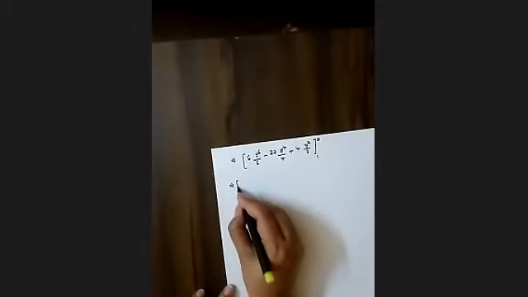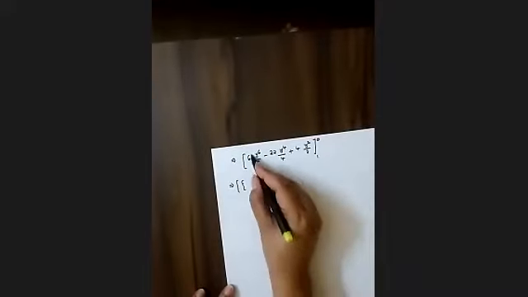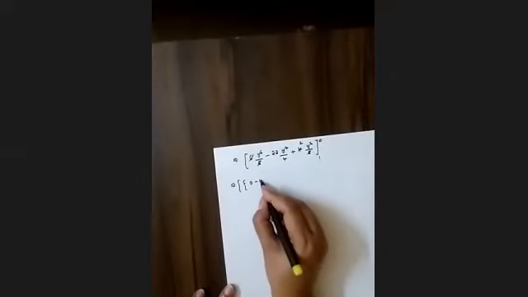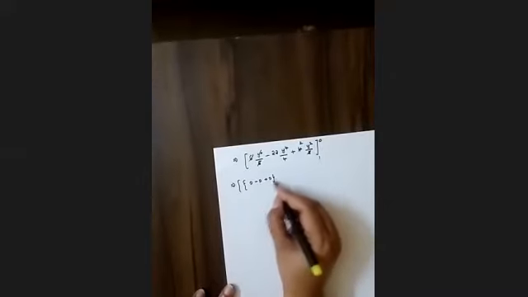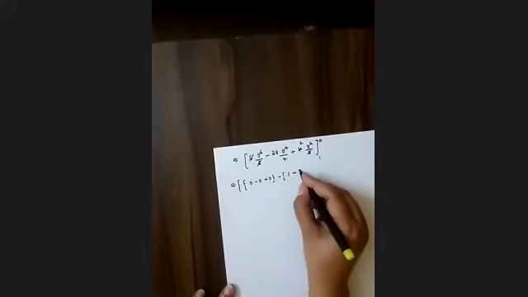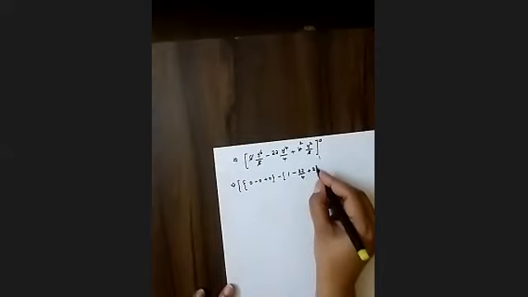Now substitute your upper limit first. Substitute upper limit 0. When taking y as 0, all values here you are going to get as 0. Minus, when taking y as 1, this is 1 minus 22 by 4, this is plus 2, right?